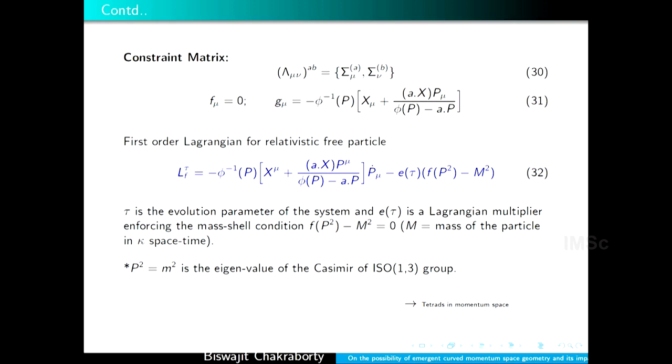So from there we have the constraint matrix, and after some guesswork and some hit and trial method, we arrive at the following structure of f mu and g mu, and ultimately the Lagrangian 32.